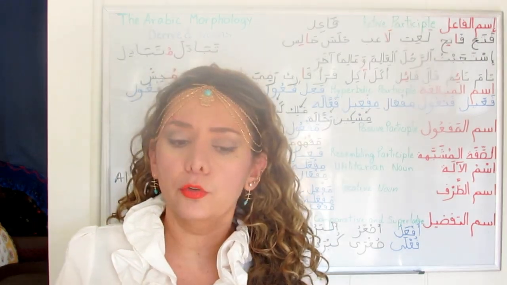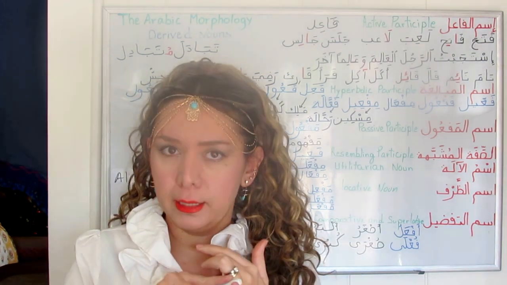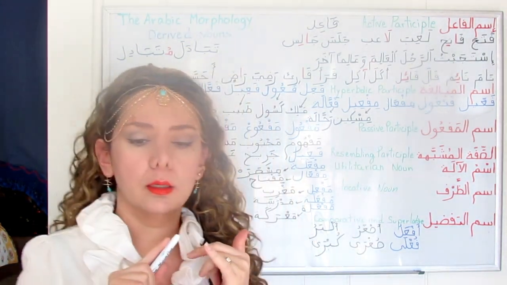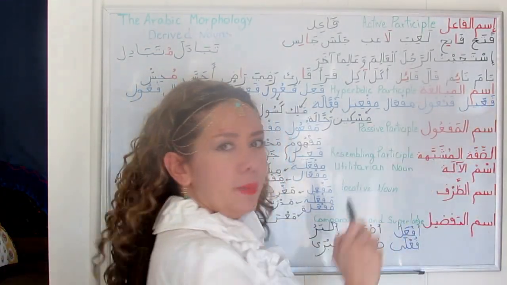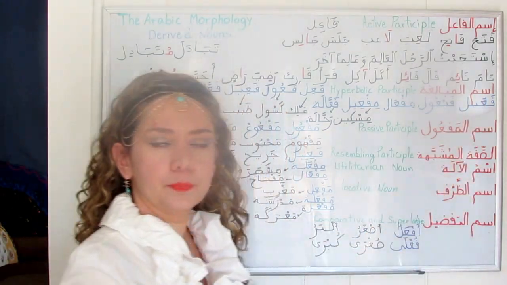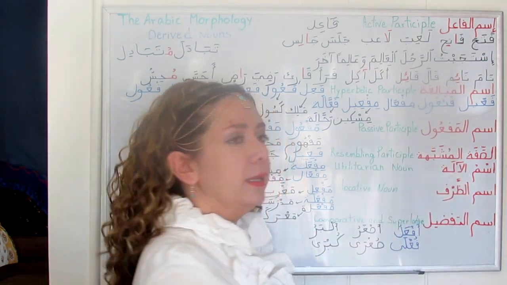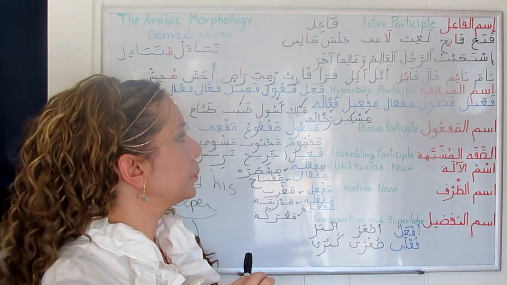The second: verbs that have vowels in them have special cases for marking the active participle. For example, نام, to sleep. Here we have the long vowel in between. نائم, so we add a hamza sitting on a ya with kasra.